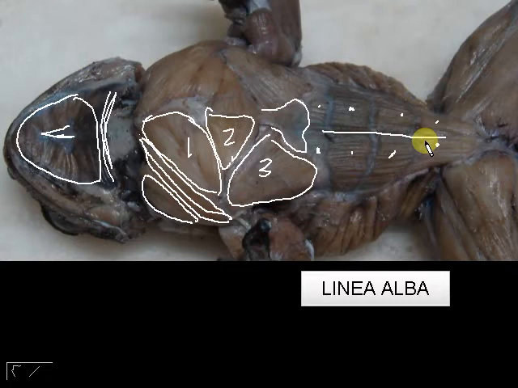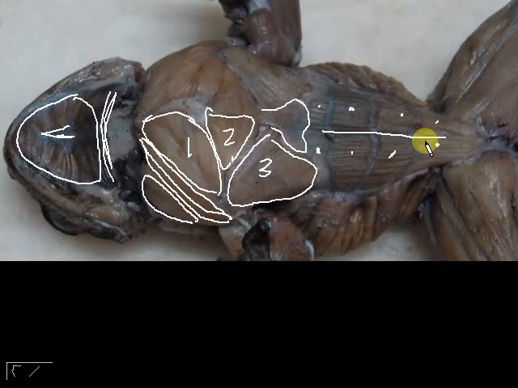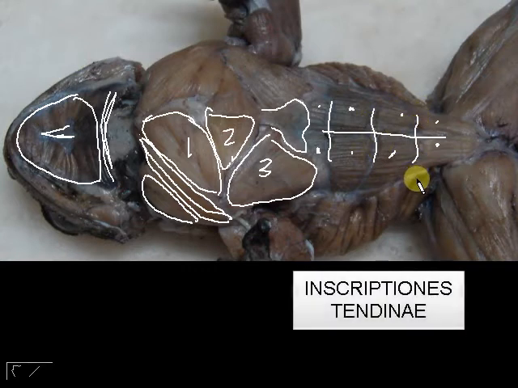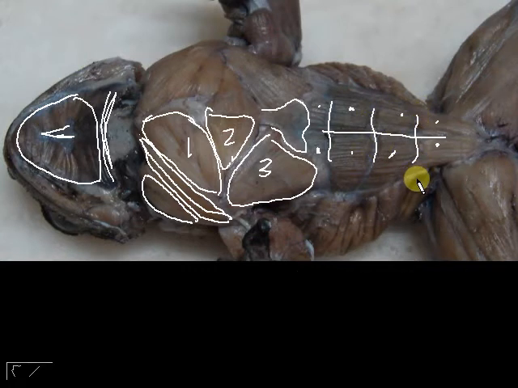Hence linea, line, alba means white. Now the ones that run transverse, these lines here, those are called inscriptiones tendinae. And of course other muscles that you can see, you can also see the external obliques from this view.